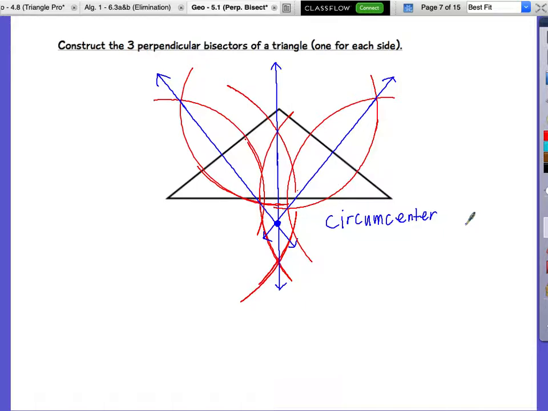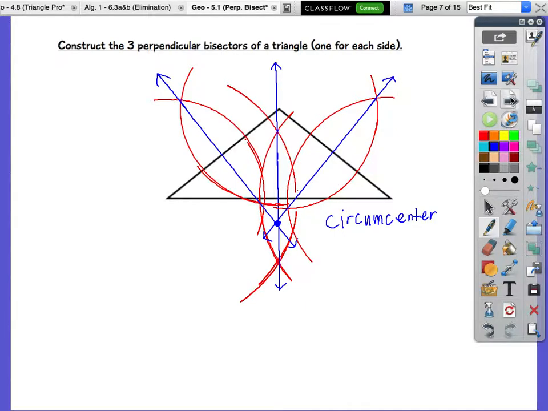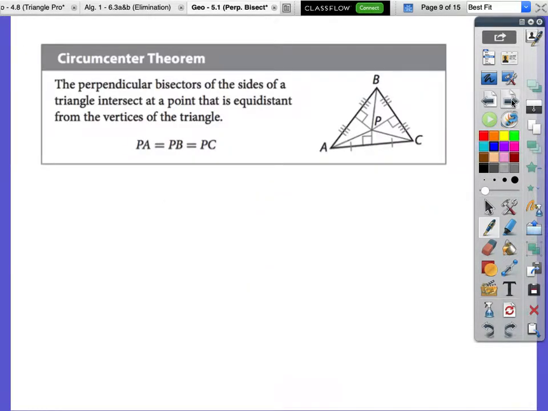That's just a fact about the circumcenter of a triangle, the point of concurrency of the three perpendicular bisectors. So as it shows in here, the circumcenter is the intersection of this perpendicular bisector, this perpendicular bisector, and this perpendicular bisector. It's equidistant from each of these vertices. Does that make sense? I know it's a new concept to us, but does it make sense?